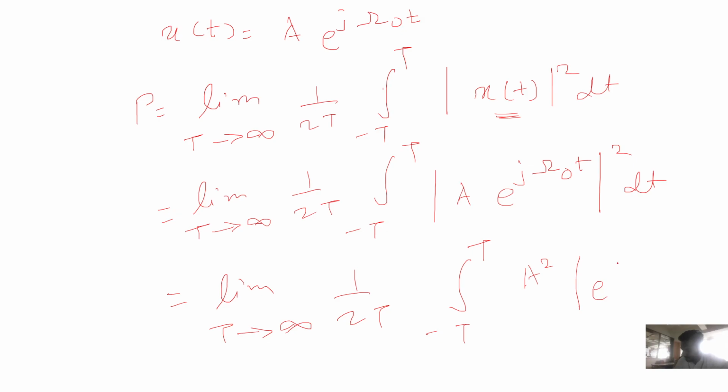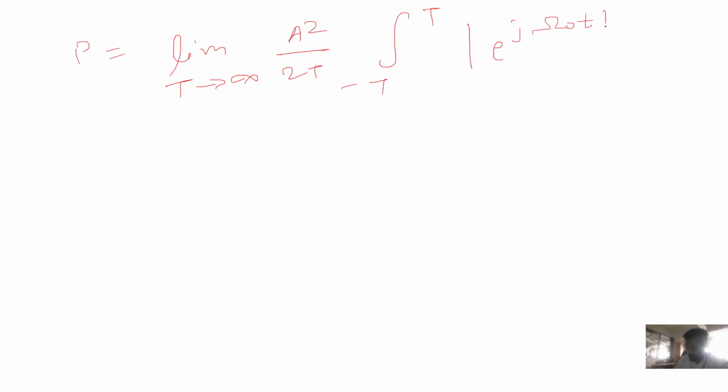Mod of e raised to j omega 0 t square dt, and a square I am going to take outside, and therefore power is going to be equal to limit t tends to infinity a square by 2t integration minus t to t mod of e raised to j omega 0 t square dt, right?